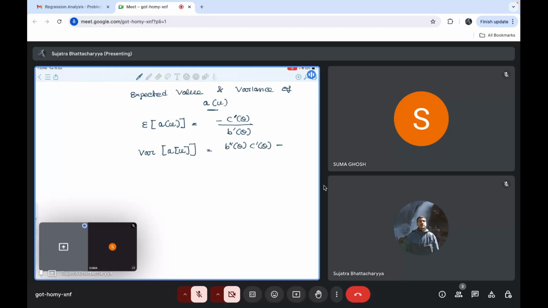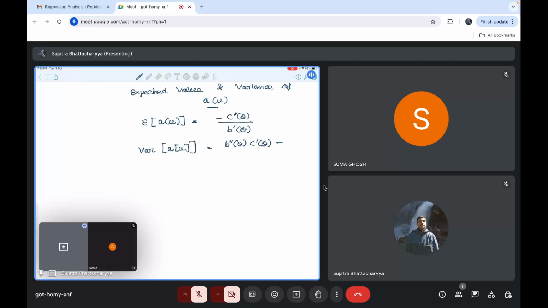Sorry, this will be a function of theta, but it will be with respect to u. Okay, so d dx d du actually. This minus b double prime theta and b prime theta. Just if sometime it is required, we can use. Okay, this to the power. That's all. So these are some few things which are there.